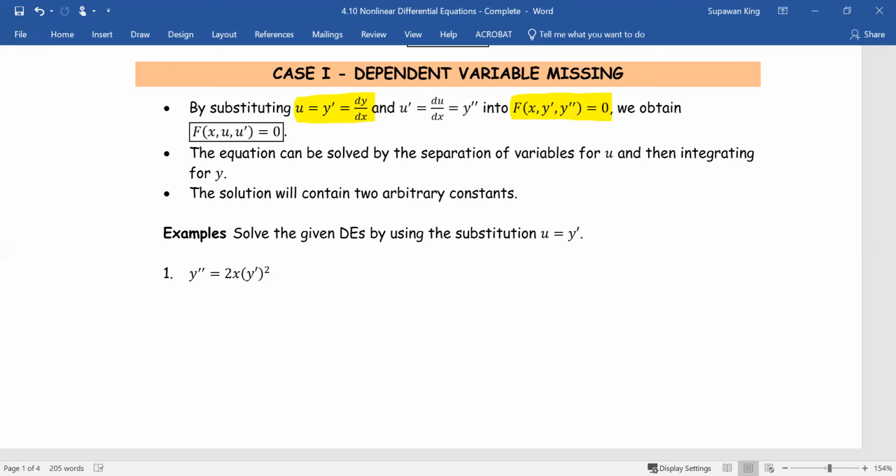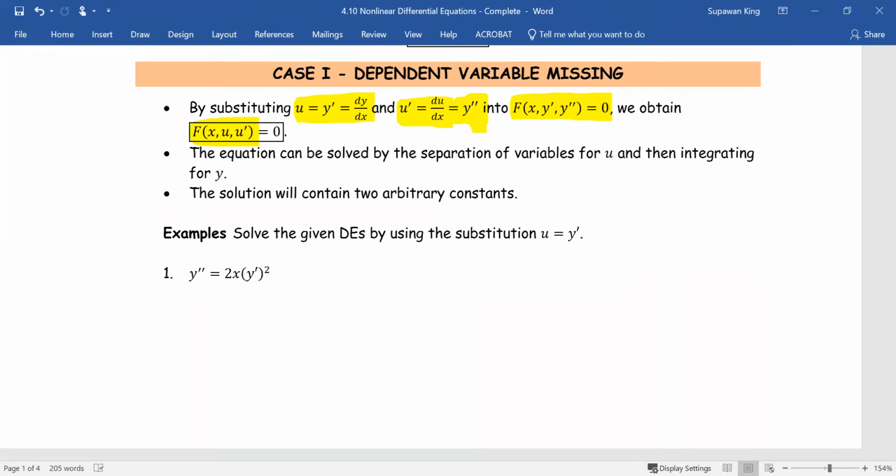We reduce the order from y prime, y double prime into u and u prime. Therefore, u prime, or du by dx, is the same as y double prime. And then the new equation will become a form of x, u, and u prime.